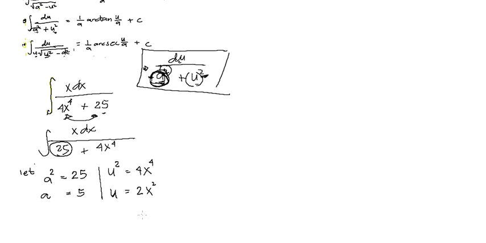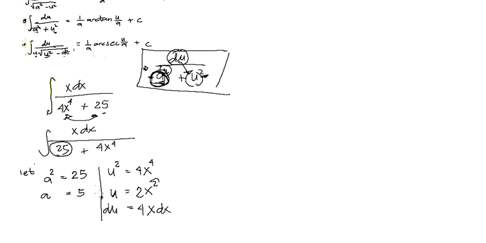Okay. But once again, we need the derivative of u. So we need to take the derivative of our u. The derivative of our u here is 2 times 2, we have 4x, and then dx. So the derivative of u is du, and the derivative of this term is just 4x dx.